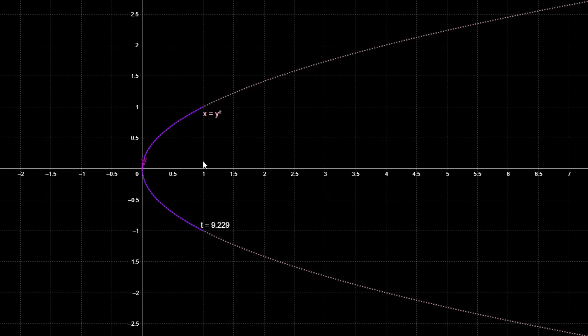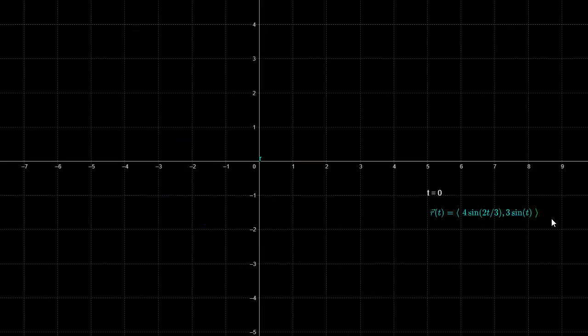Okay, so let's look at another example just to show an idea of all the funky things you can do with these, and then we'll start talking about how we can use them. Here I'm looking at r of t equals 4 sine of 2t over 3, comma 3 sine of t, and we get this neat looking thing here.